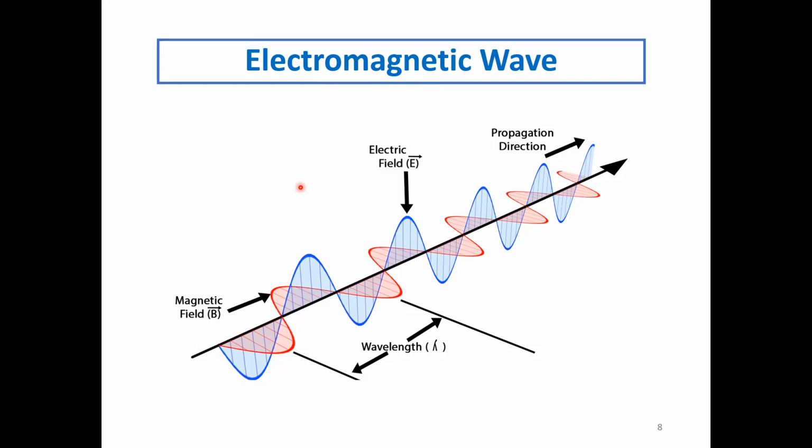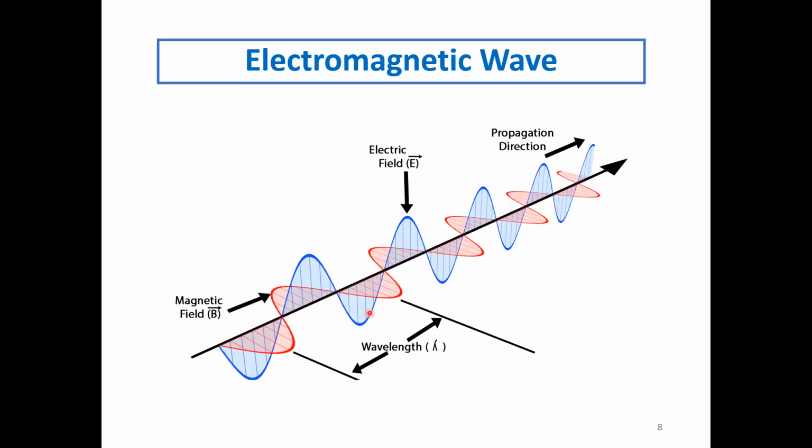Two kinds of fields are there, and an electromagnetic wave consists of these two: the electric field and the magnetic field, and there is the direction of propagation. The red line is the electric field, and the blue line is the magnetic field.